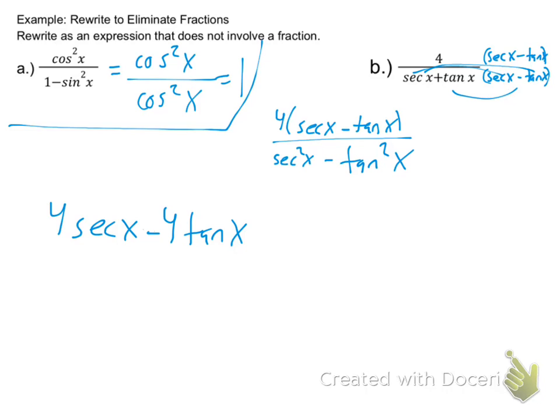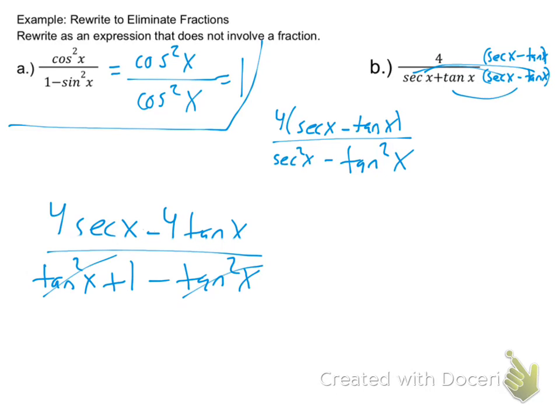So therefore, this becomes secant squared is tangent squared x plus 1 minus tangent squared x. Because secant squared is tangent squared plus 1. Hey, wait a minute. What's happening to the tangents? Gone.